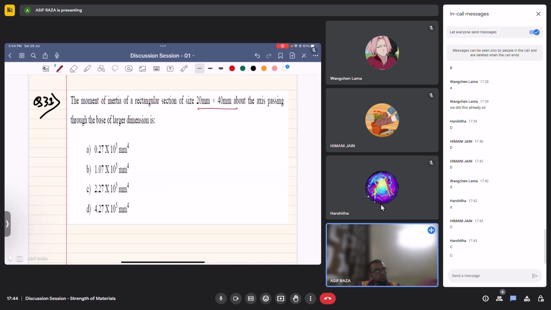But the difference is, earlier the axis was passing through the base of the shorter dimension. This time, the axis is passing through the base of the larger dimension. So you guys solve it and let me know what you get.